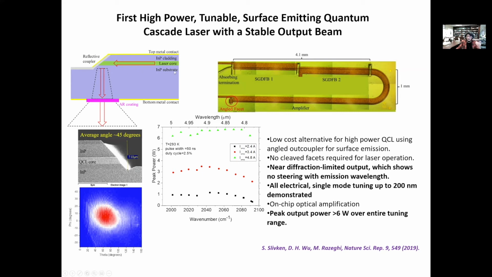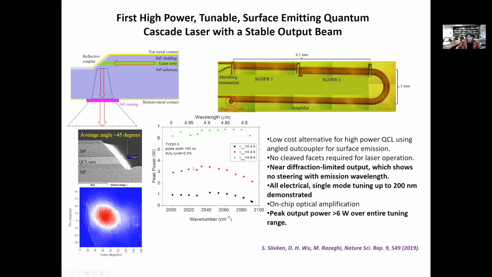We don't need to have any cleaving of the surface, no cleaved facet required for the laser operation, and the near diffraction limited output has no change with emission wavelength, and the all electrical single mode tuning up to 200 nanometer demonstrated, with on-chip optical amplification with the peak output power higher than 6 watt over the entire tuning range.